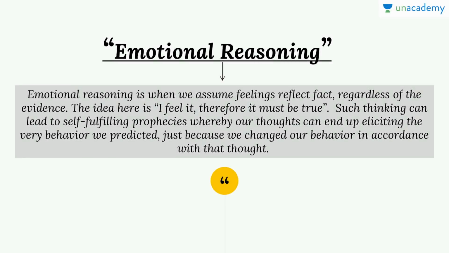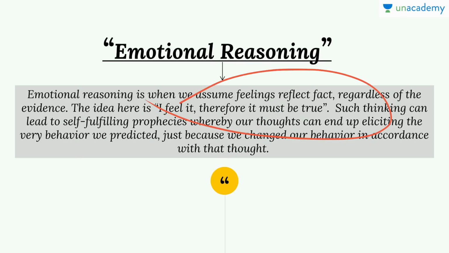The next one is emotional reasoning. Emotional reasoning is when we assume feelings reflect fact regardless of evidence. We feel that the feeling we are having is true, a fact, even without evidence. The idea here is, I feel it, therefore it must be true.